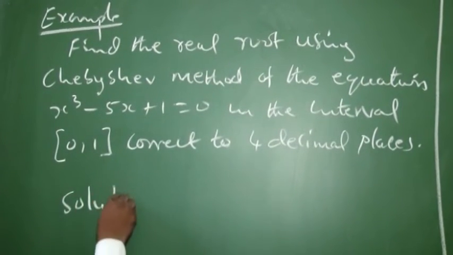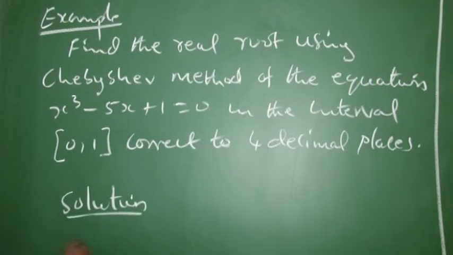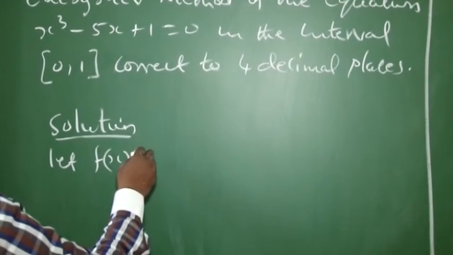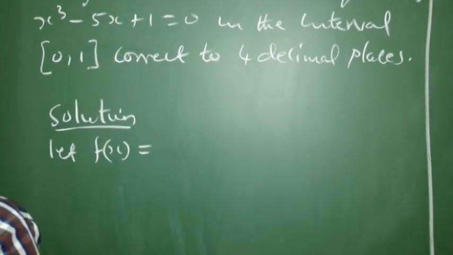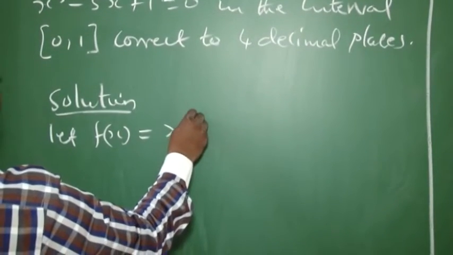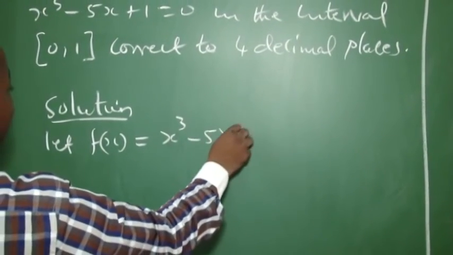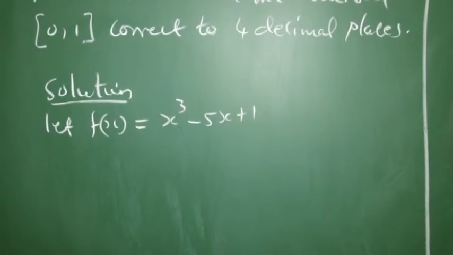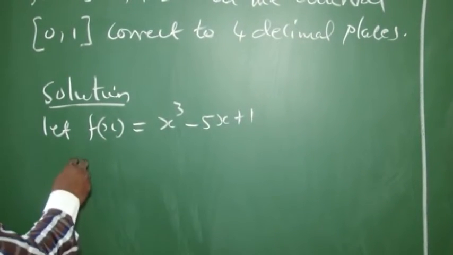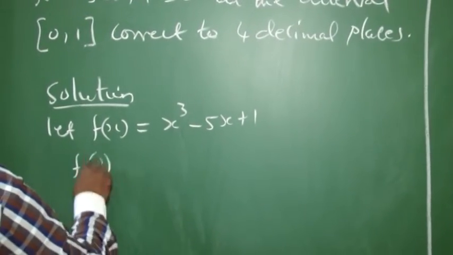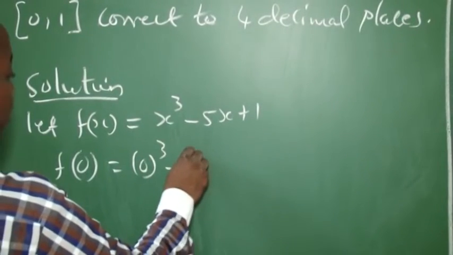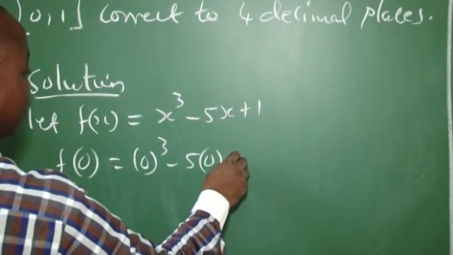Now let's take the solution. Let f of x equal x cubed minus 5x plus 1. So that f of 0 will equal 0 cubed minus 5 times 0 plus 1.